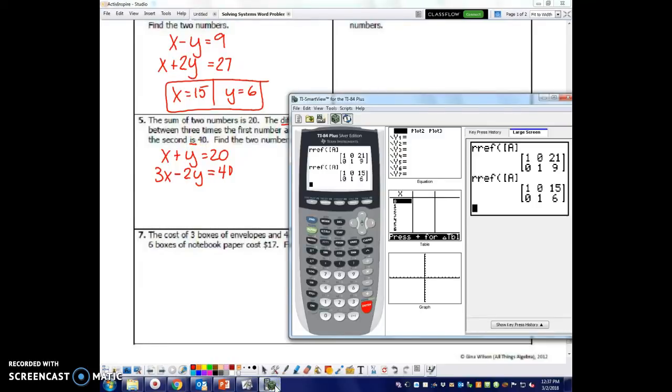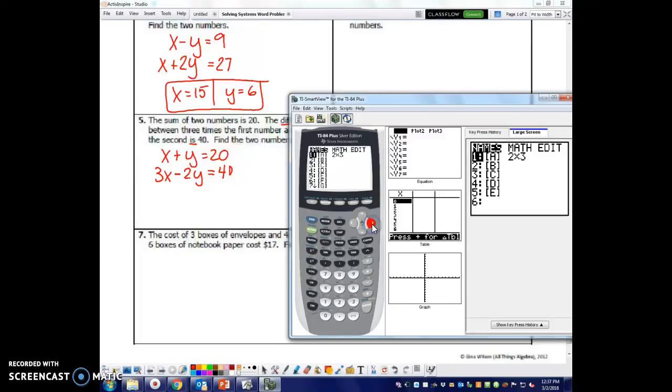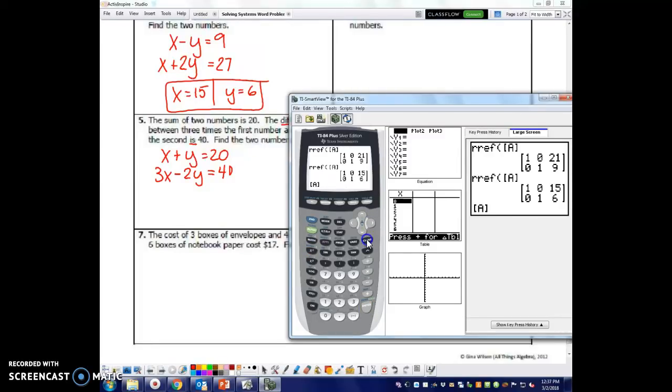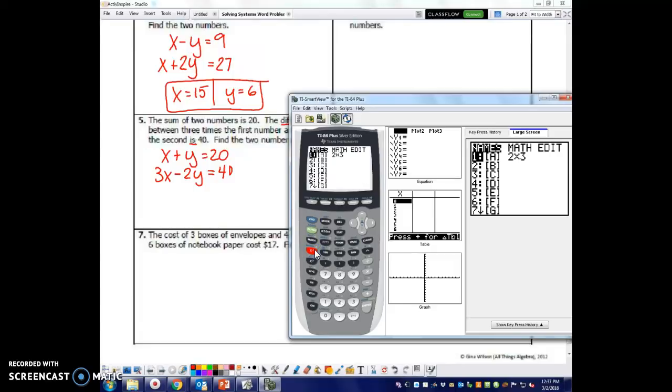Okay, let's solve it again. Second matrix, over to edit. Whoops. Two by 3. Now we have 1, 1, 20.